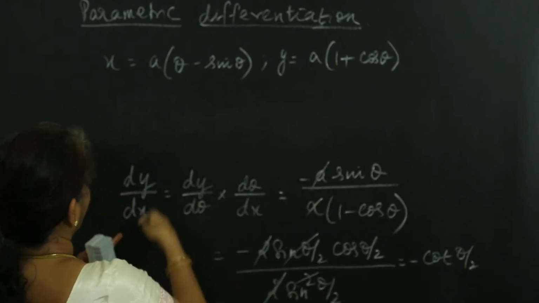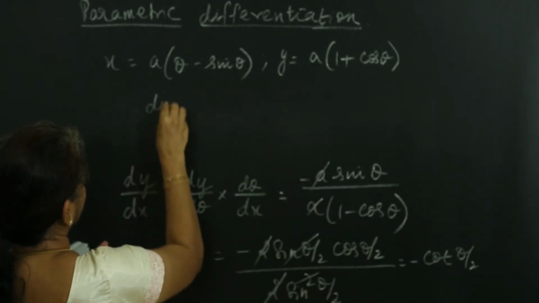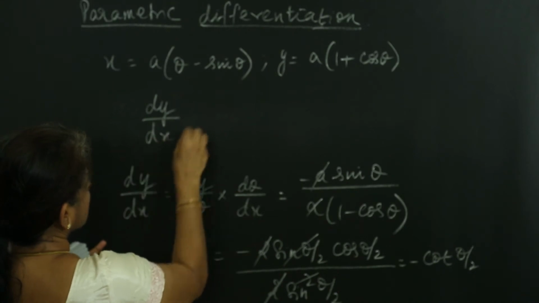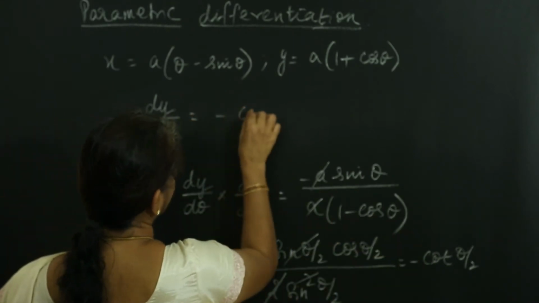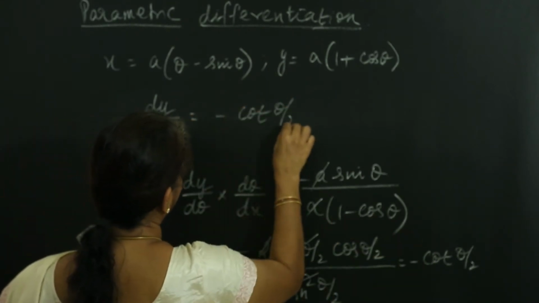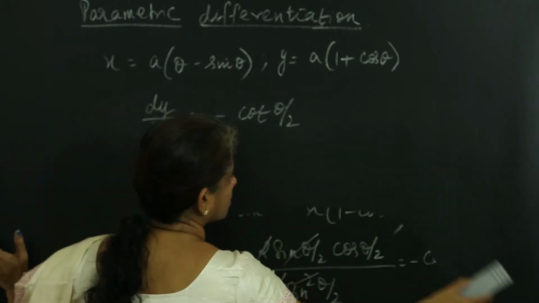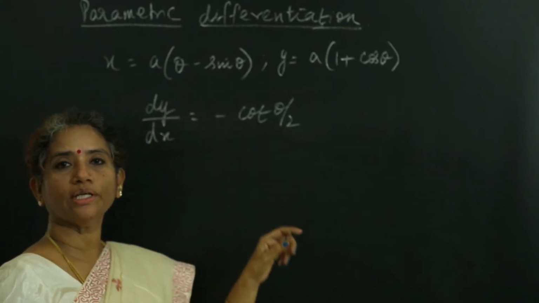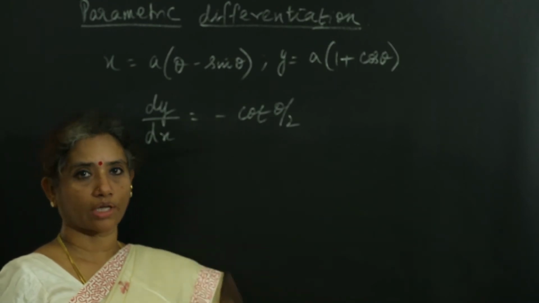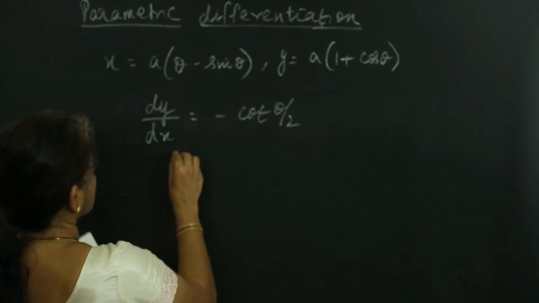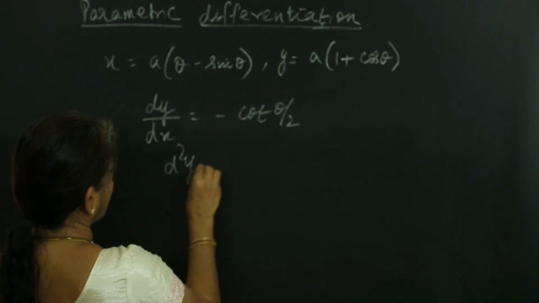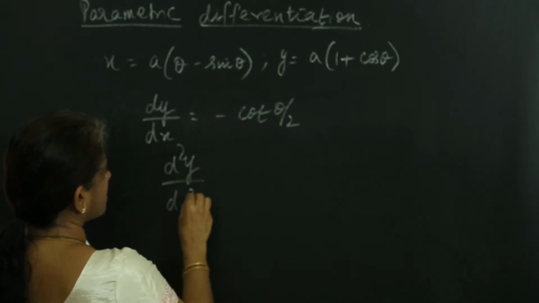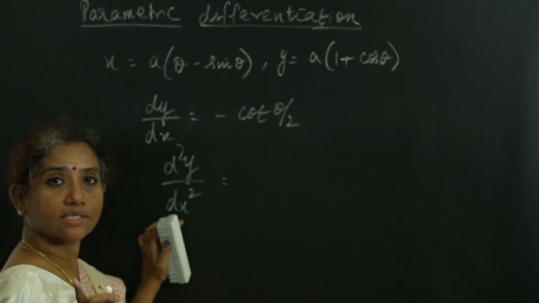I am just going to copy this step. What is dy by dx? dy by dx is equal to negative cot theta by 2. So once you know the dy by dx, I just have to do the differentiation with respect to x. Okay, please remember, d square y by dx square is the symbol for the second derivative.